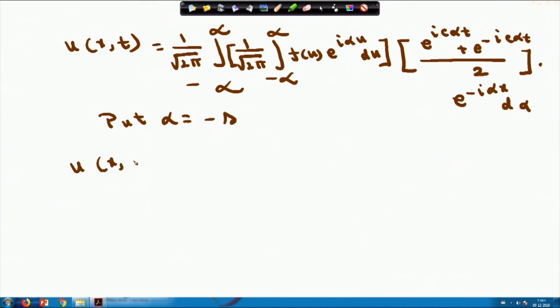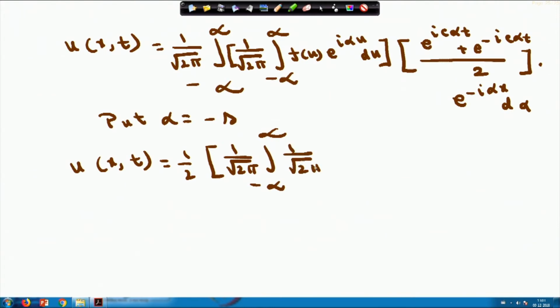By doing that, I can write u x t equals half will come here, 1 by root 2 pi, integral from minus infinity to infinity, into 1 by root 2 pi integral from minus infinity to infinity f u into e power minus I s u du, because alpha equals minus s I am substituting.